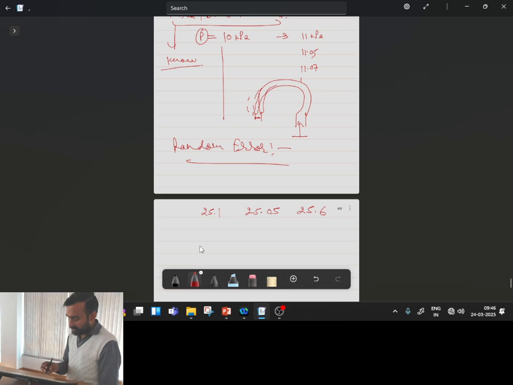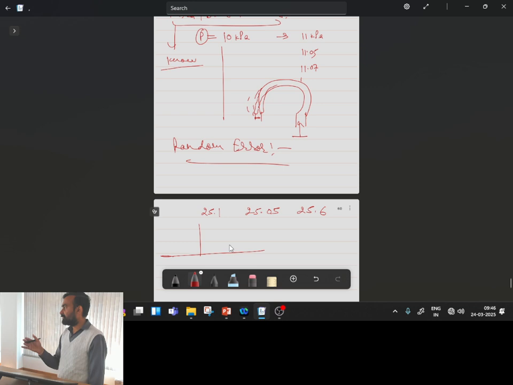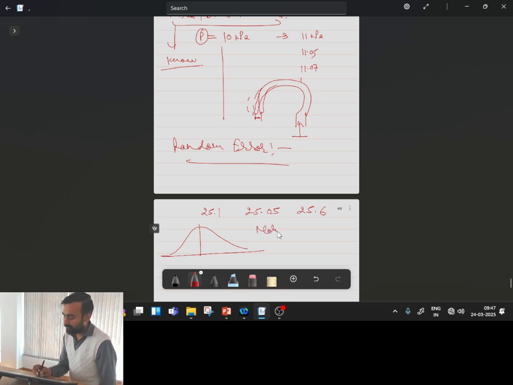Ultimately, if you take a large number of measurements and plot them, you will find that these measurements, which come because of random error, will always try to follow the normal or Gaussian distribution.